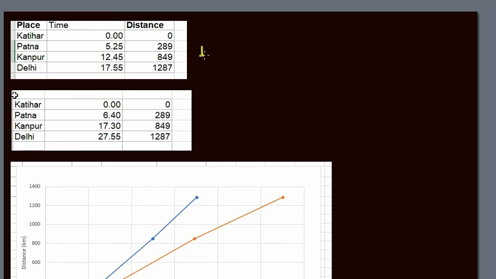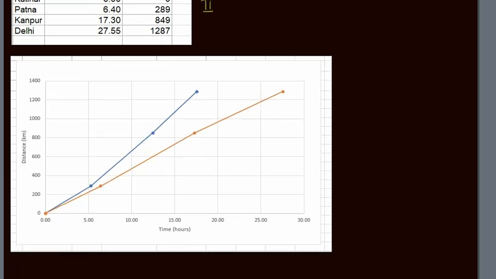So this is train 1, and this is train 2. And here is the plot. We have time going in this direction and distance. Let me take a little darker pen. Distance in this direction.